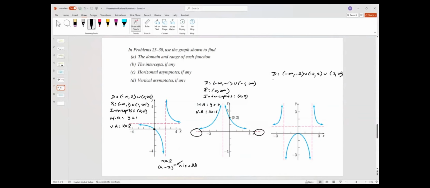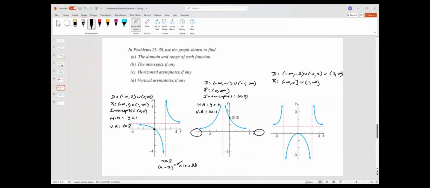Now the range, we have this bottom part of the graph that goes from -infinity to 0, including 0. Right? Union from now the horizontal asymptote 1 to positive infinity.